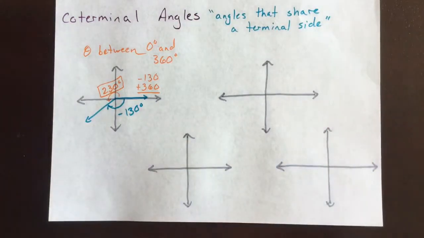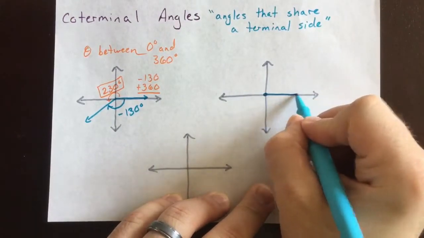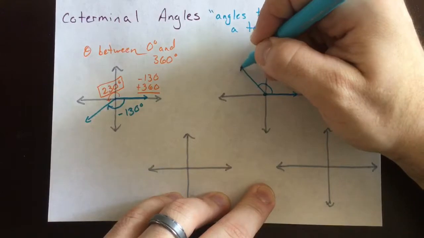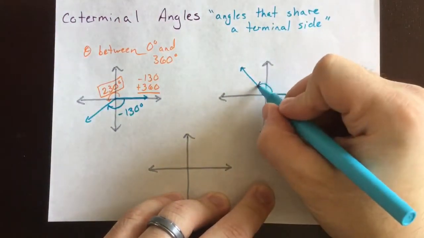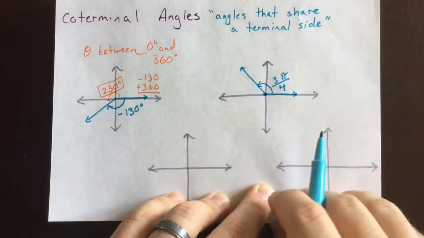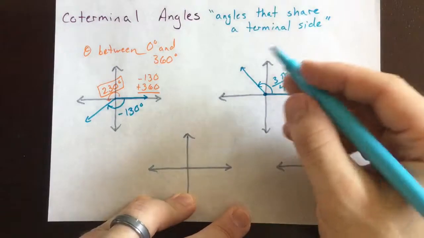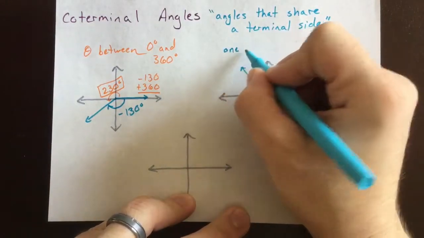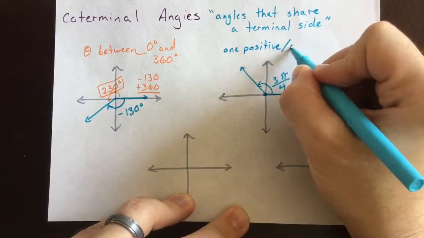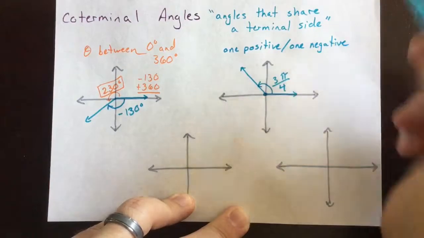So then let's look at one more. Let's say we have an angle measure in radians this time, okay? It's 3 pi over 4. All right, so this might seem a little difficult to you, but for this one, let's desire one measure that's positive, and one measure that's negative.